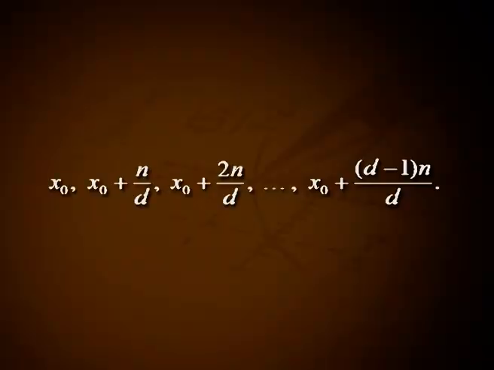Among the various integers satisfying the first of these formulas, consider those that occur when t takes on the successive values t = 0, 1, 2, ..., d − 1: x0, x0 + n/d, x0 + 2n/d, ..., x0 + (d − 1)n/d.